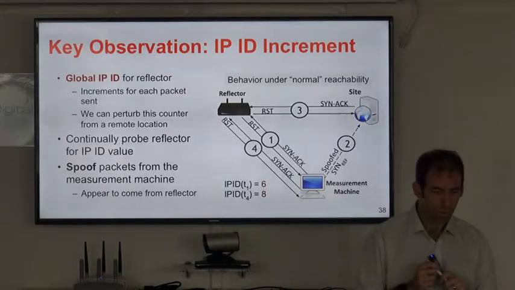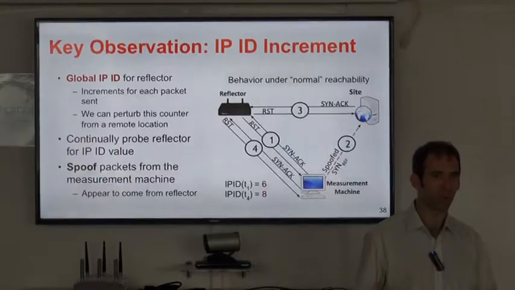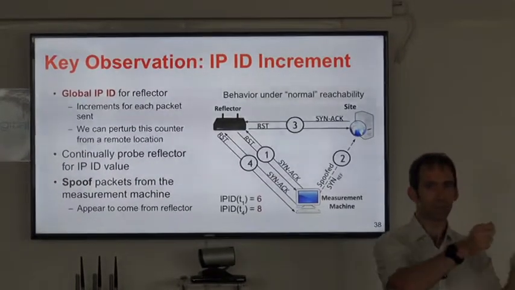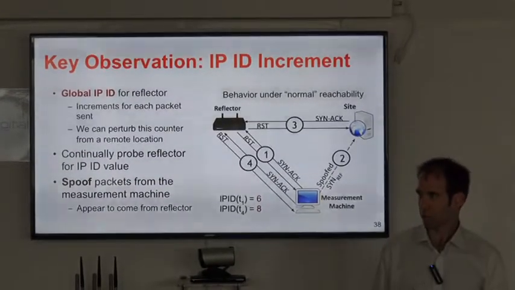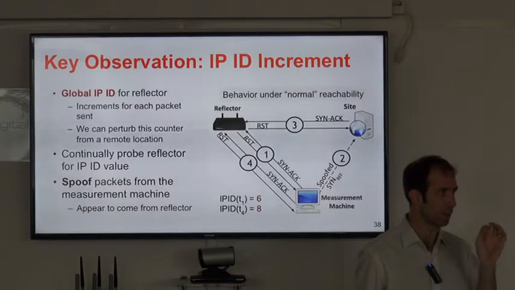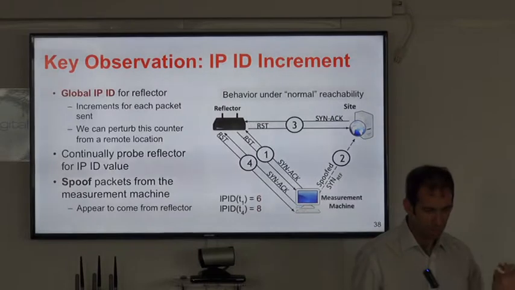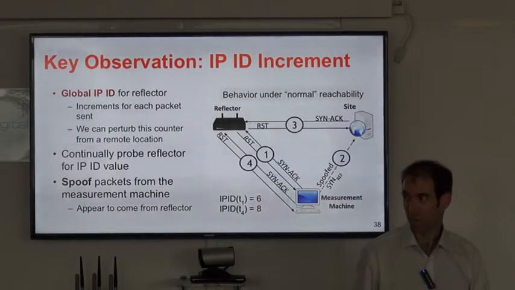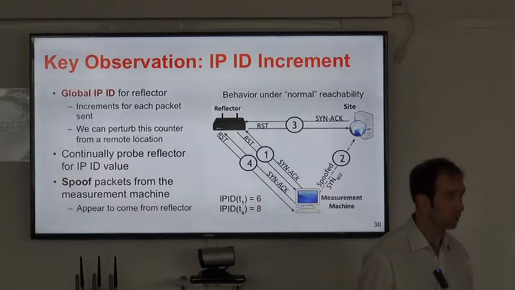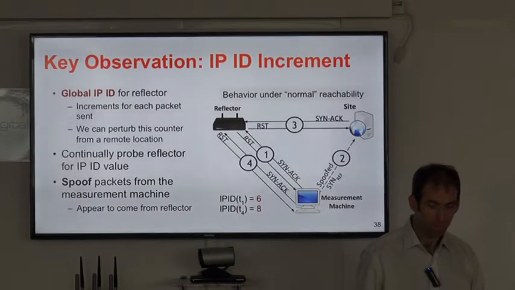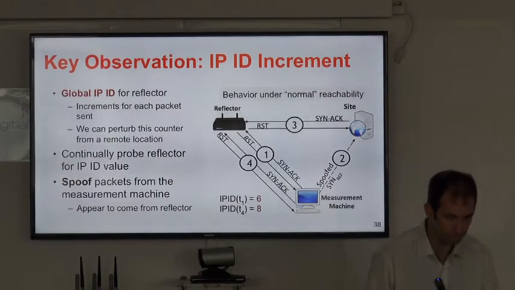The other way is to have just one counter, and every packet I generate, regardless of which flow it goes to, increments the same counter. We'll call that a global counter for the IP ID. The machines that have a global counter are the ones we're interested in, and it'll become clear in a minute why. So we call that a global IP ID counter: one counter for any packet the machine generates, regardless of where it's headed.